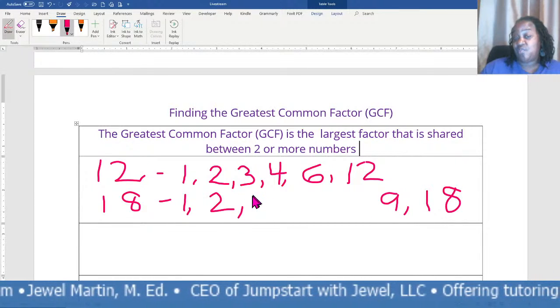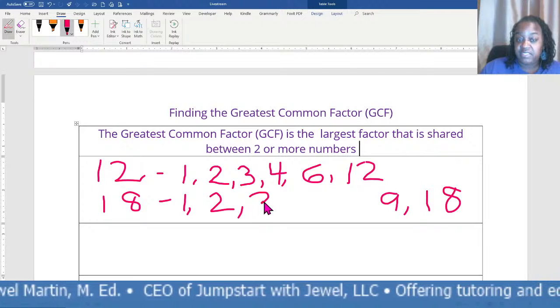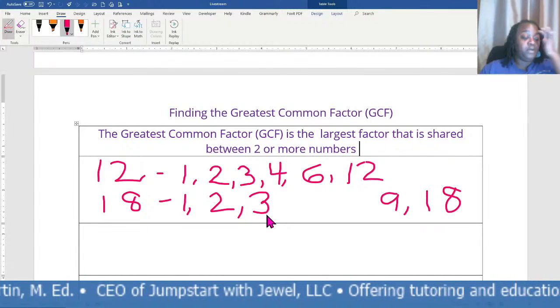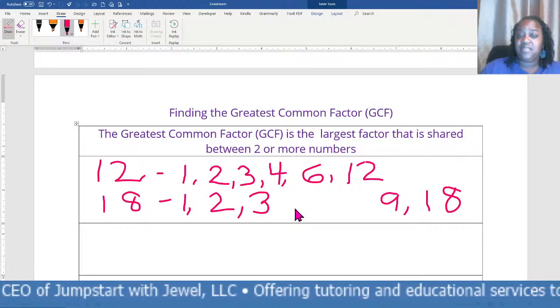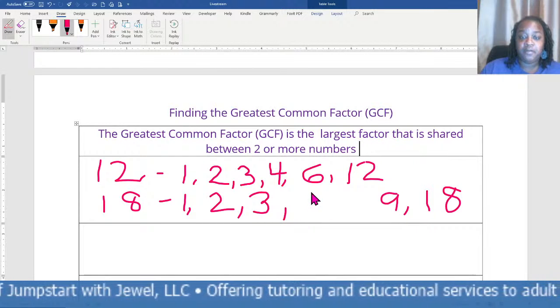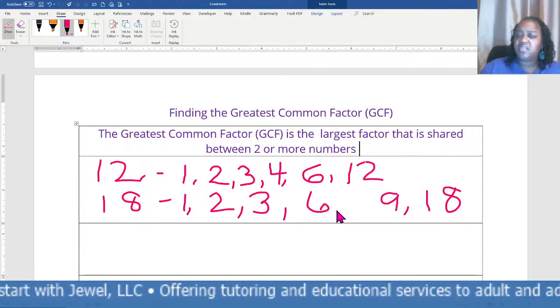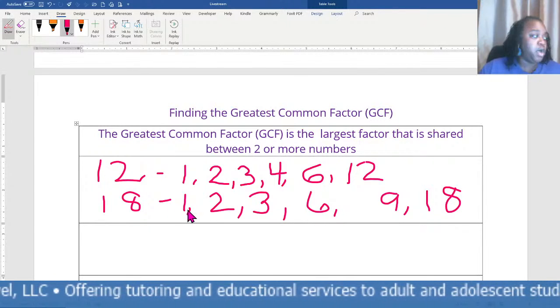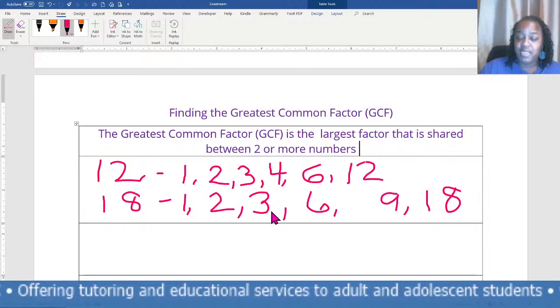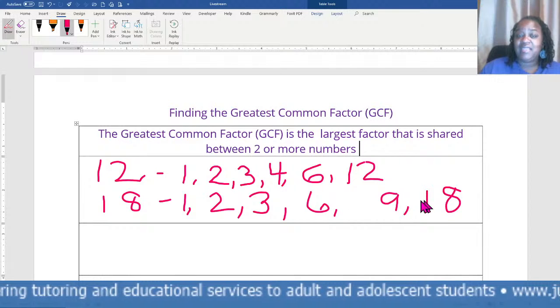Oh, I've got 3. 3 is a factor of 18. What number, when you multiply it times 3, gives you 18? It's 6. I thought I had some more, but no, that's it. So those are the factors of 18: 1, 2, 3, 6, 9, and 18.